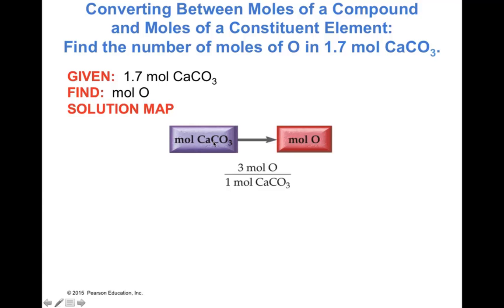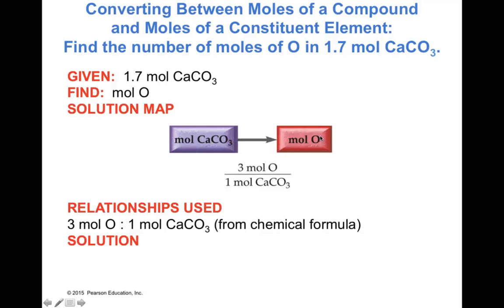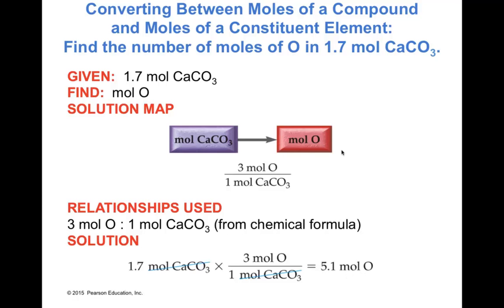So we have 1.7 mole of calcium carbonate times this, and this will give us the moles of oxygen. And here we have 5.1 moles of oxygen. So in 1.7 moles of calcium carbonate, we have 5.1 moles of oxygen.